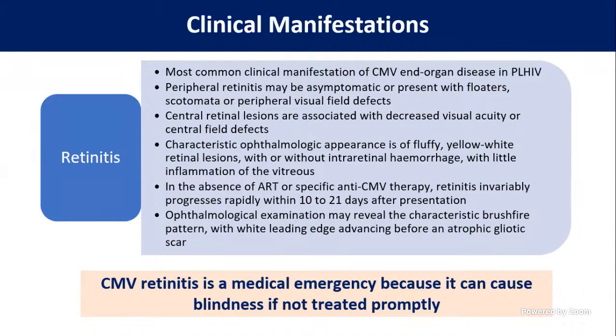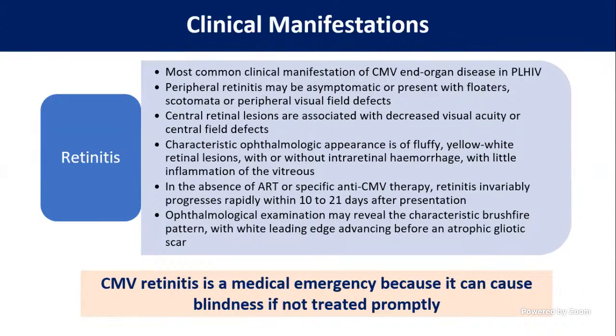But central lesions which involve the optic disc can cause decreased visual acuity and decreased central field defects and can present with blindness, where it becomes very symptomatic. Classically, you can diagnose it by doing an ophthalmological examination. You see these fluffy yellow-white retinal lesions with or without intraretinal hemorrhages and very little inflammation of the vitreous.